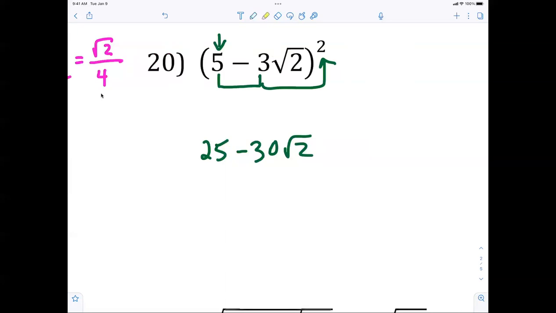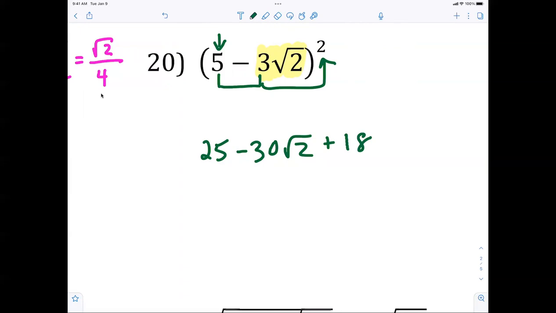And now I have to square this. Come on, guys. Everybody's going to square that. What's 3 squared? What's square root of 2 squared? 2. 9 times 2. Is it positive or negative? Positive. So everybody take a look at that. Now, do you need me to say why that's 18 again?